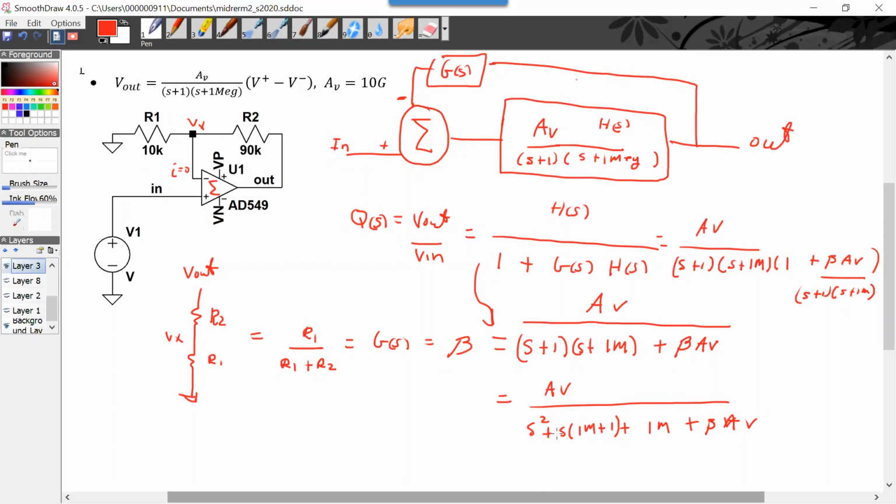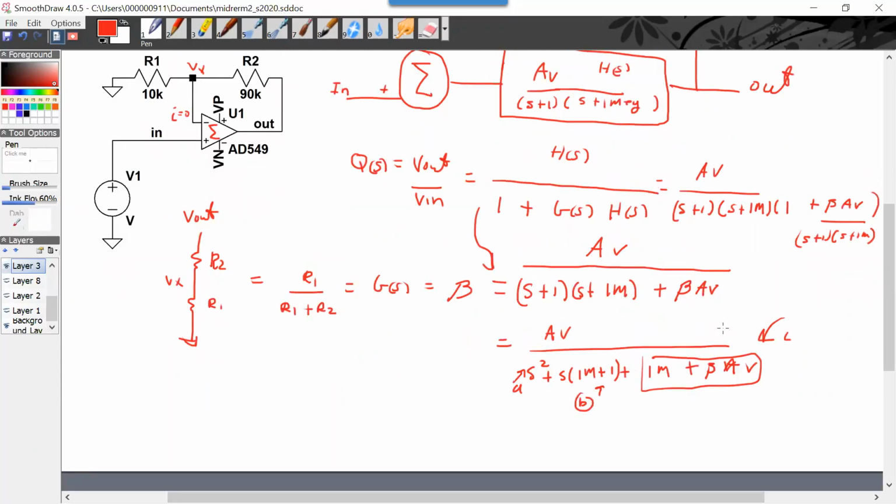Now really, this is your A, which is 1. This is your B term, and this is your C term. And depending on what AV is and what beta is, you can determine whether your system, in this case, since it's second order, is over, under, or critically damped, right?